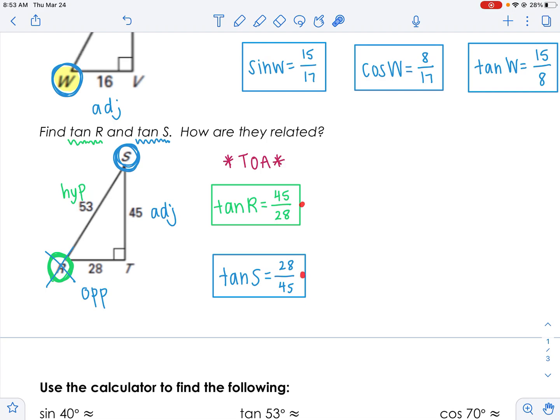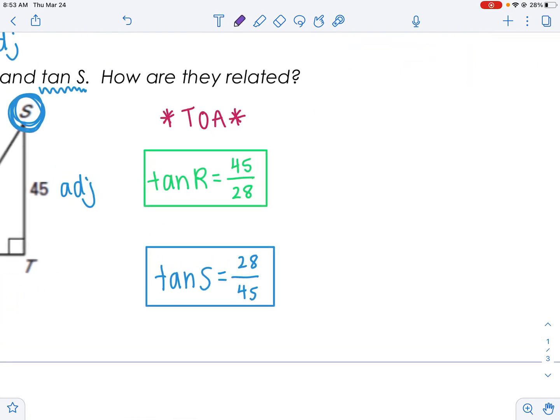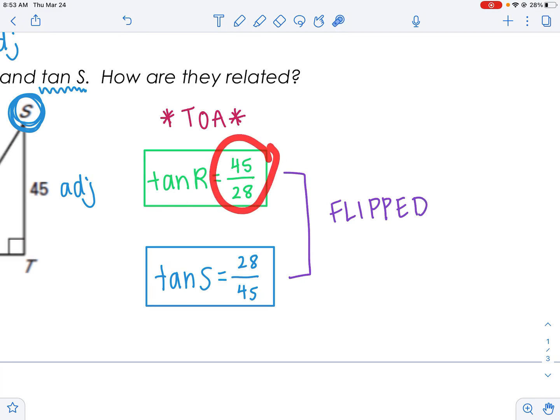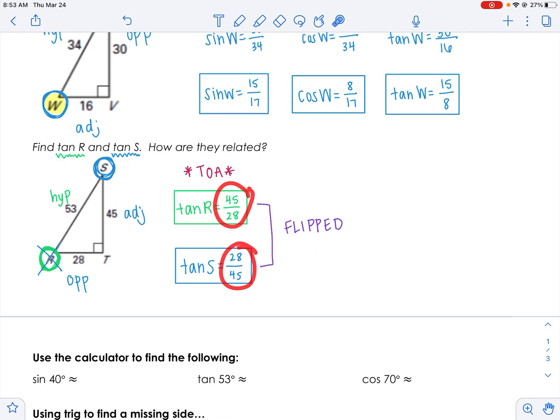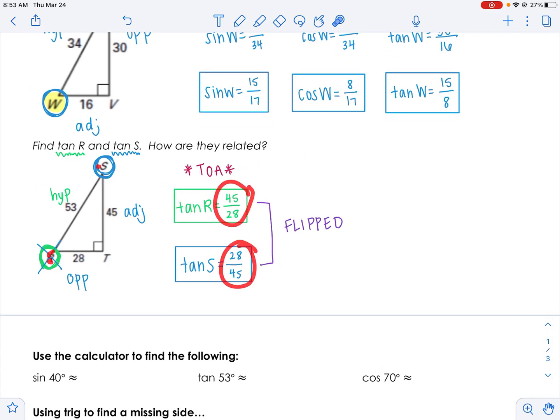Now, the question is, how are they related? What happens from here to here? So I have 45 over 28, and then I have 28 over 45. Well, if you notice, they flip. Those numbers change. One's 45 over 28, and the other one is 28 over 45. And that's because we swapped out our angles.